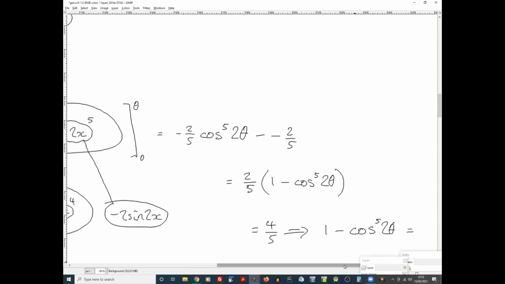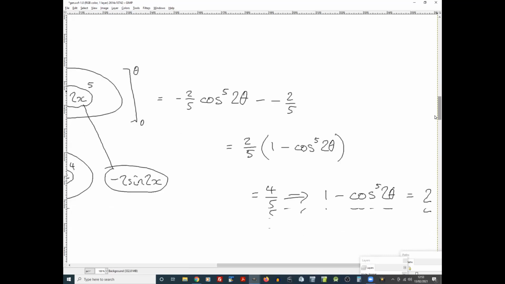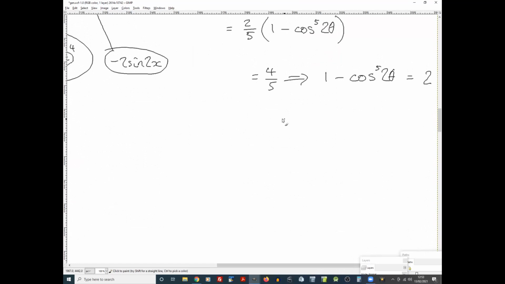Then we could say cos 5 2 theta equals minus 1. Yes, we can, can't we? Good.